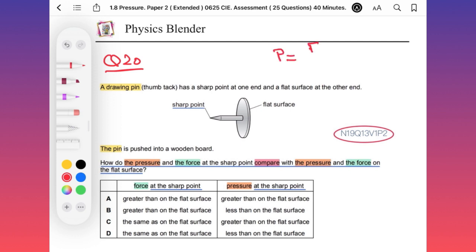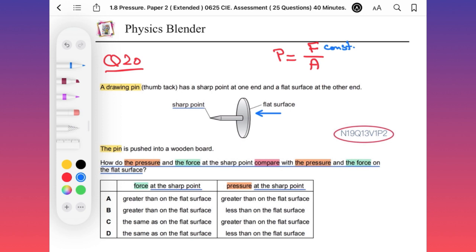Pressure is equal to the applied force divided by area of contact. In this case, the applied force is constant. The same force applied on the flat surface will be exerted on the sharp end. So the force is constant.